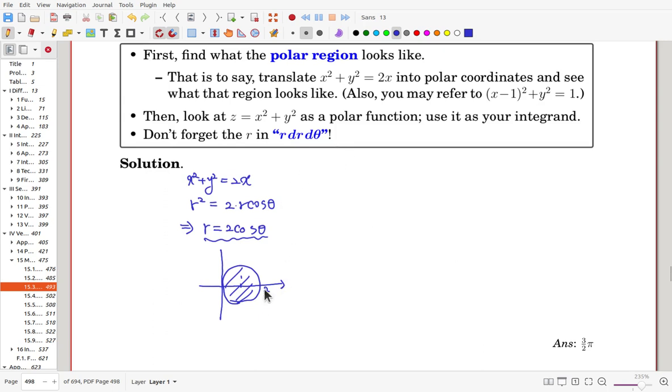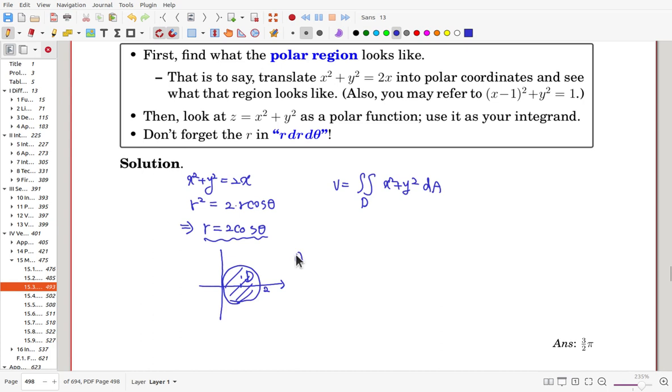And that is in the xy plane, and the solid is above this xy plane and below that surface. Once it is a D, then the volume must be the double integral over D of x squared plus y squared dA. Now this is a polar region.